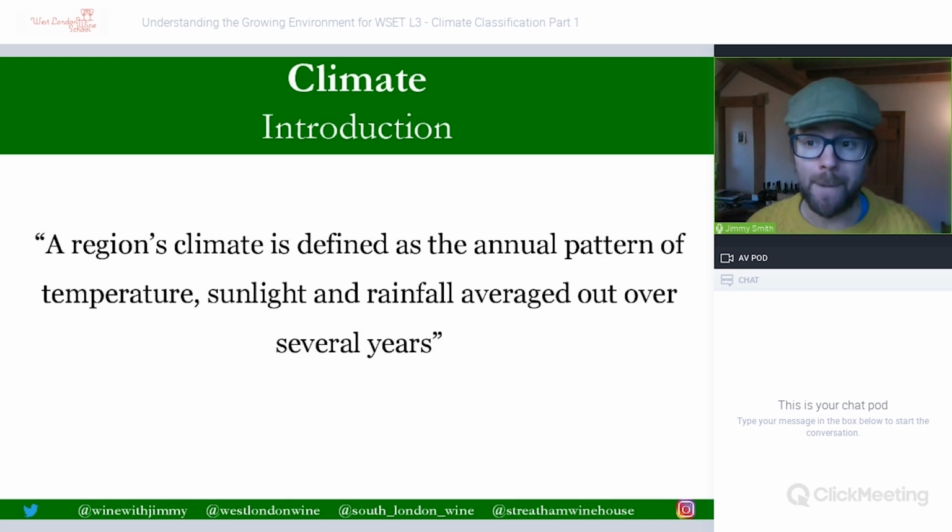So that's climate. And that can further be sectioned off into what we call macroclimates and microclimates for the Level 3 certificate. A macroclimate is what we will be covering in part 2. Microclimates are much smaller. So macroclimates are often over large areas like regions and alike.